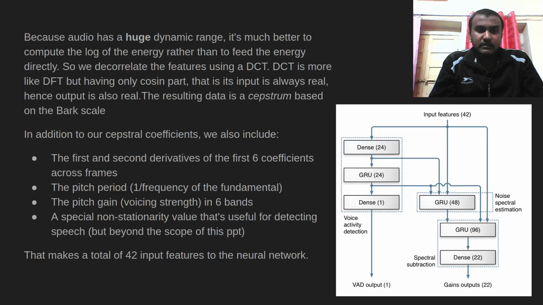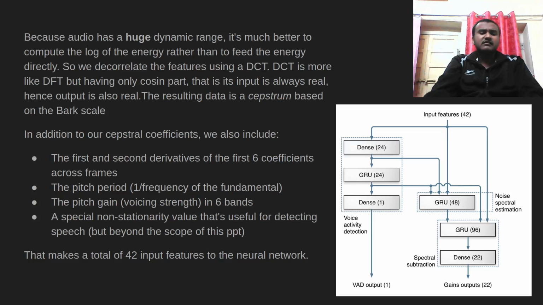DCT, the full form of DCT, is discrete cosine transform. It is like a discrete Fourier transform but having only the cosine part in it. So it takes the real part and outputs also the real part. The resulting data is cepstrum based on the Bark scale.